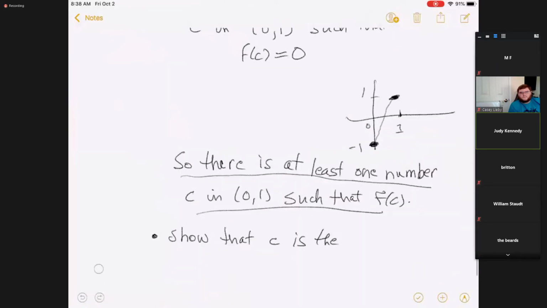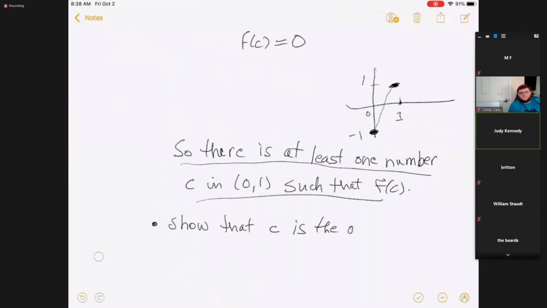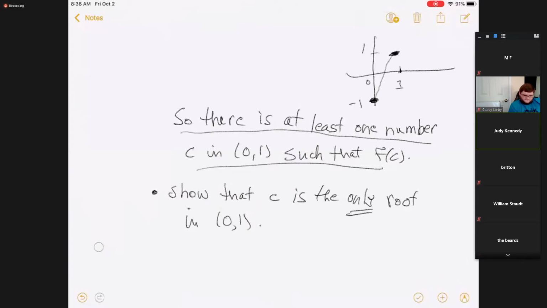So we show that c is the only root. Well, what I'm going to do to show this is suppose there are 2, and prove that that can't happen.